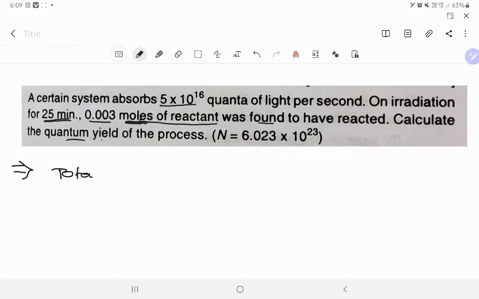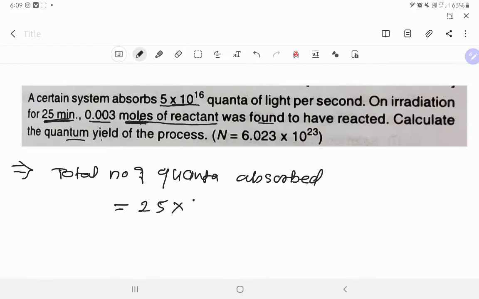Therefore, total number of quanta absorbed is equal to this per second into total number of seconds. 25 minutes means 25 into 60, which gives the number of seconds, into 5 into 10 raised to 6 per second. It will give the total number of quanta absorbed. Calculate this value.